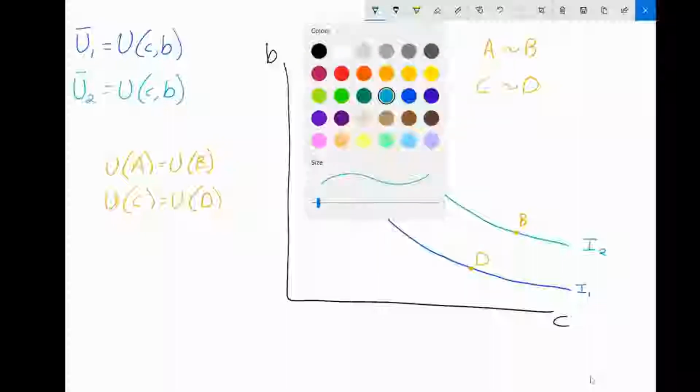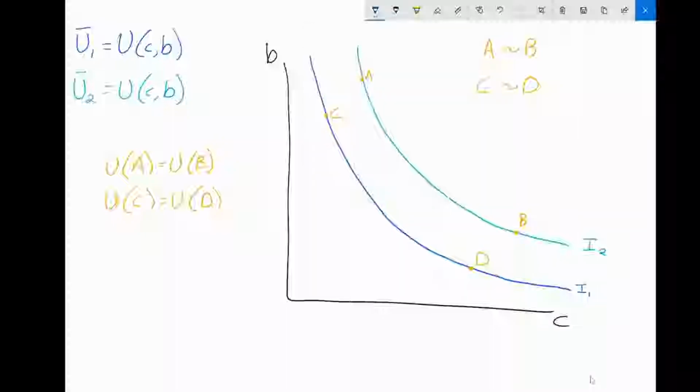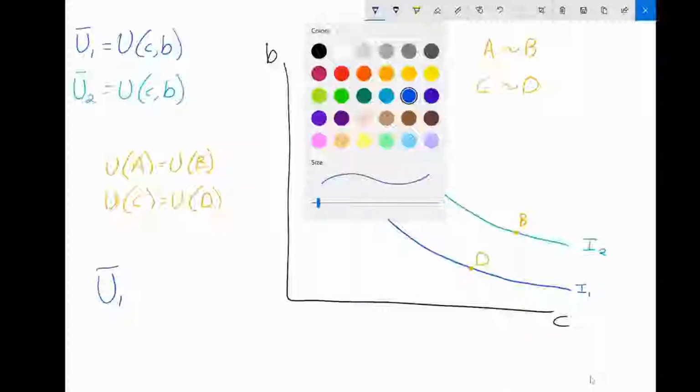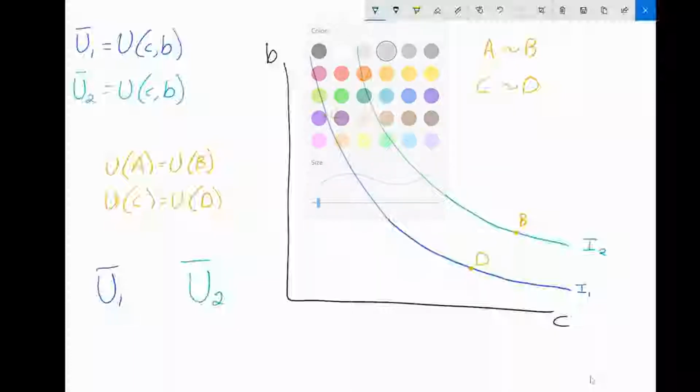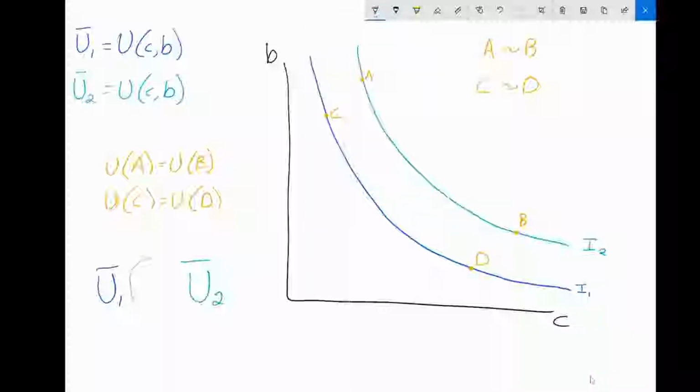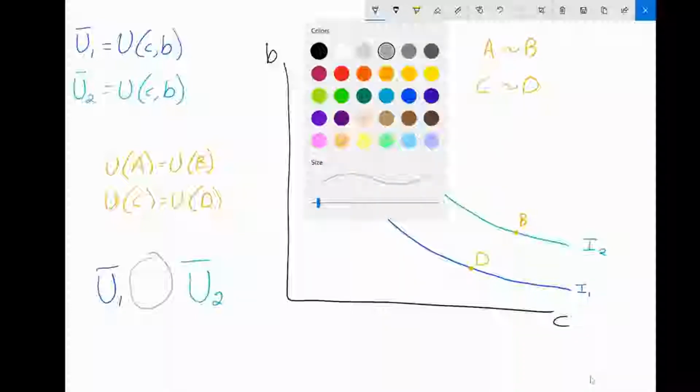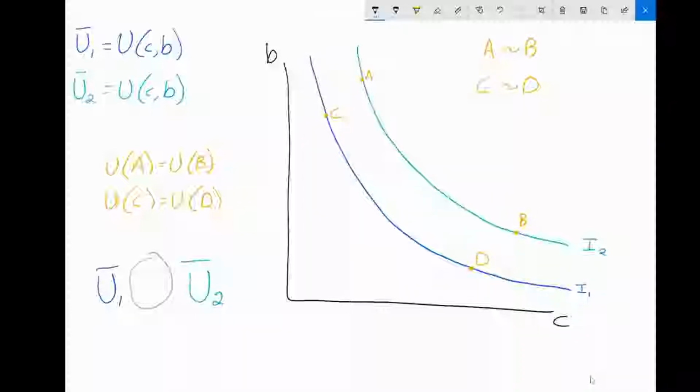Another way of putting it would be, what's larger, utility level U bar 1 or utility level U bar 2? Which one is higher? Which one gives you more utility? Do agents get more utility from bundles on I1, or do they get more utility from bundles on I2?